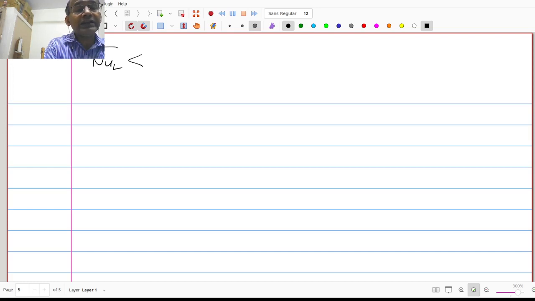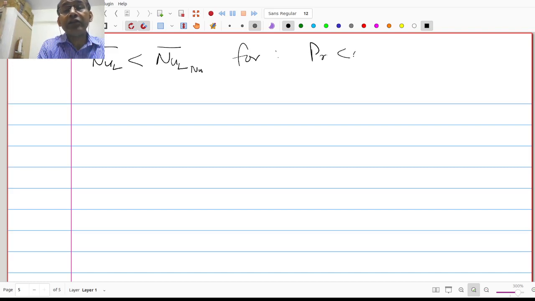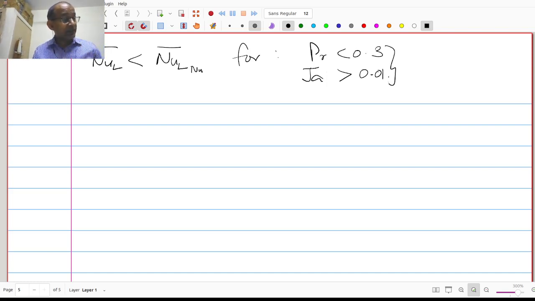NUL bar less than NUL bar Nusselt: for Prandtl number less than 0.3, and Jacob number greater than 0.01. For these cases, they found that there is a deviation. We will not go into details of these results, but we will show the details of the next set of results.